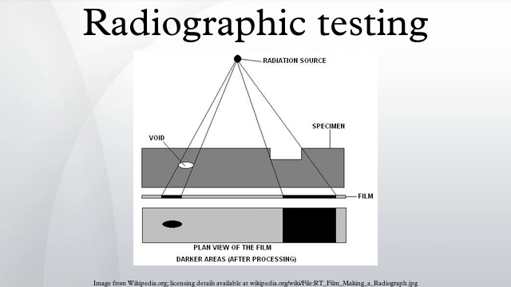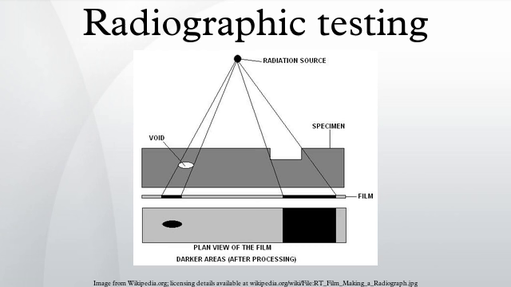EN 12679, non-destructive testing, determination of the size of industrial radiographic sources, radiographic method. EN 12681, founding, radiographic examination. EN 13068, non-destructive testing, radioscopic testing. EN 14096, non-destructive testing, qualification of radiographic film digitization systems.